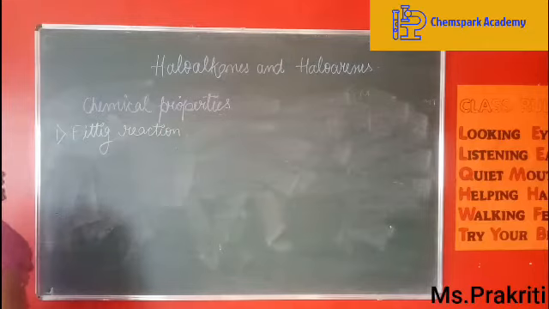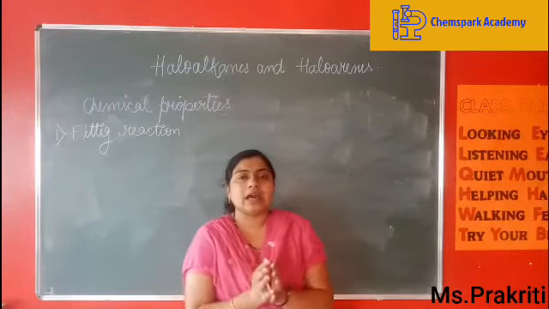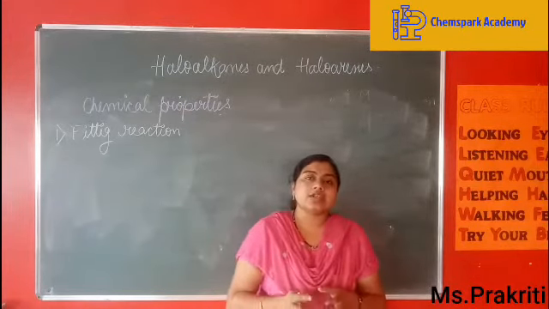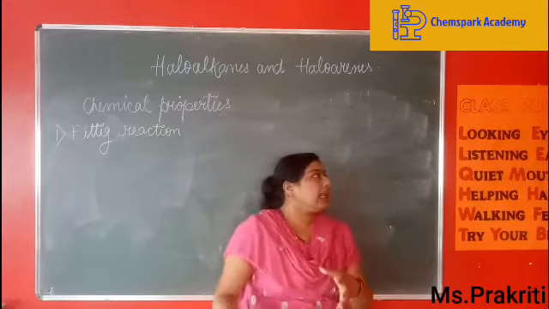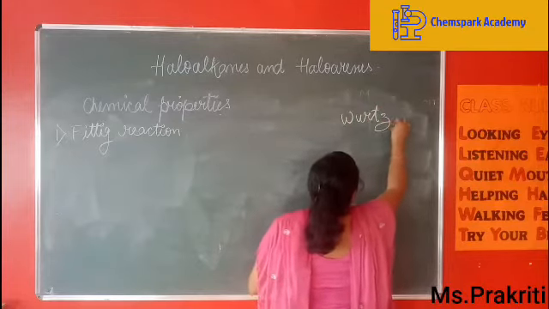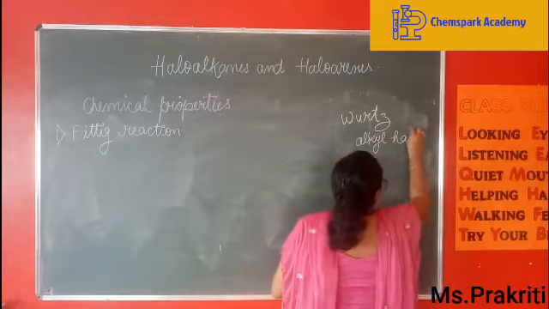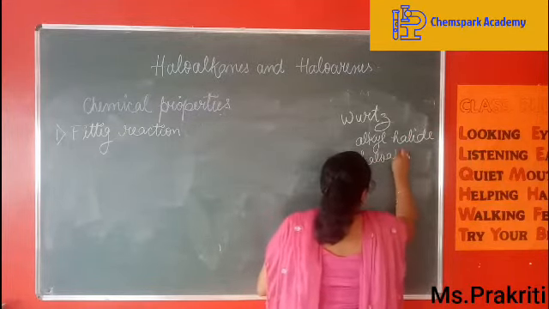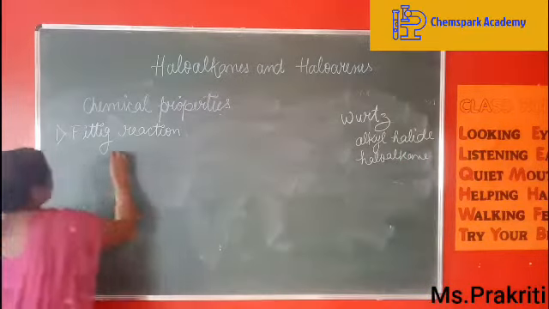This is very much similar to the Wurtz reaction which we had done for the alkyl halides or haloalkanes. That is, in Wurtz reaction we used to take alkyl halides, or we can say haloalkanes. Here we take haloarene.